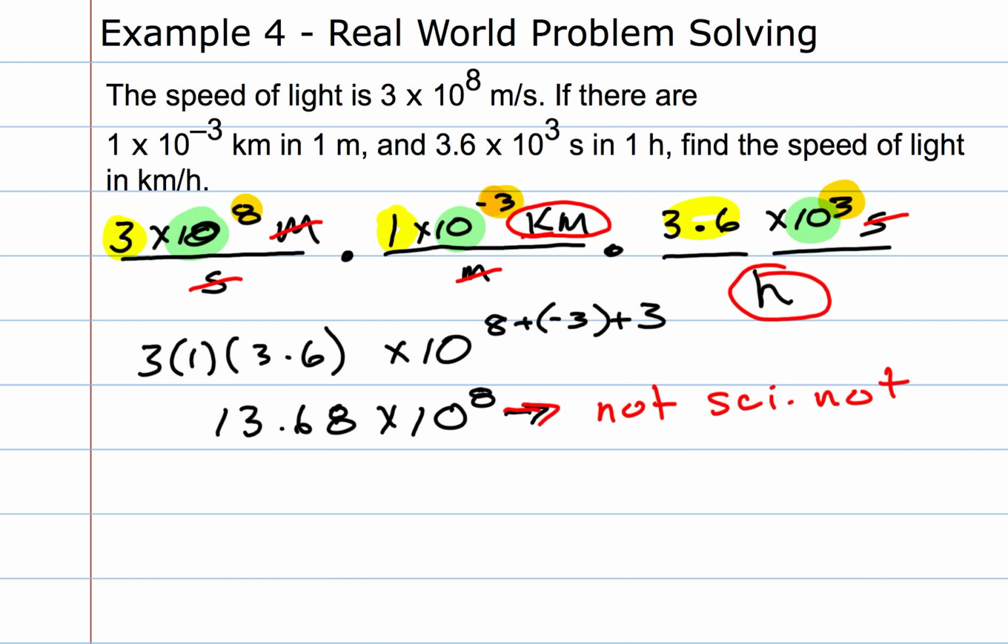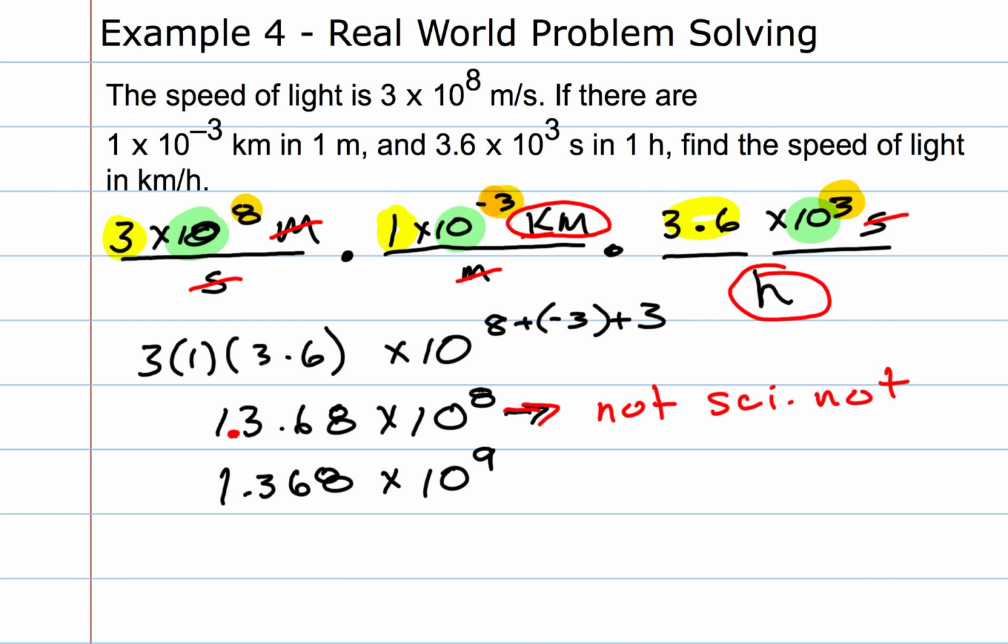And to do that, I need to take 13.68 and make it 1.368. Now, not only does it affect the number part, it also affects the exponent, which is going to be to the 9th, because we're multiplying that by 10, or 10 to the 1st. So we add 1 to 8 to get 9.